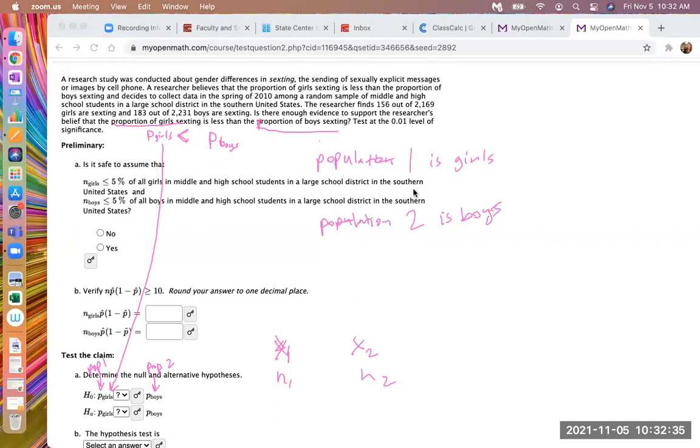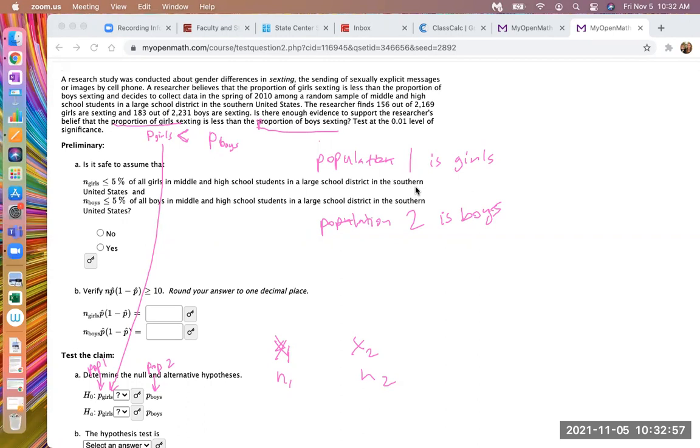They don't give us all the girls, but there's probably a lot of girls in a large school district. So 2,100 is probably less than 5% of all the girls in that school district.